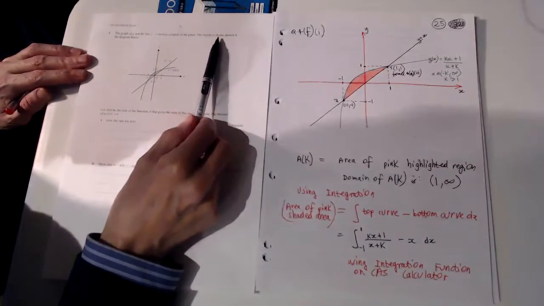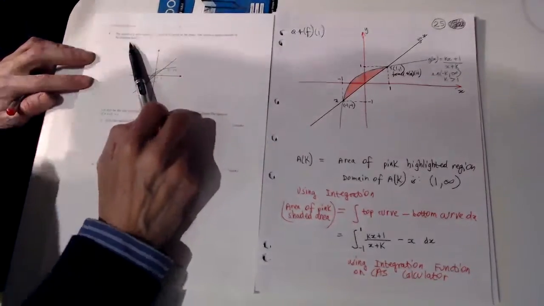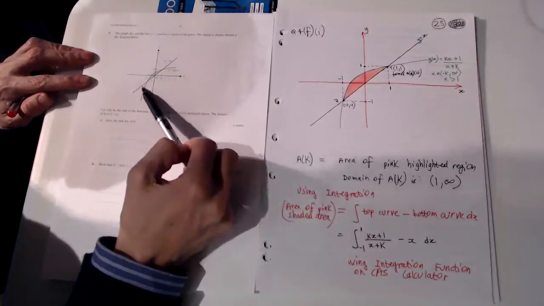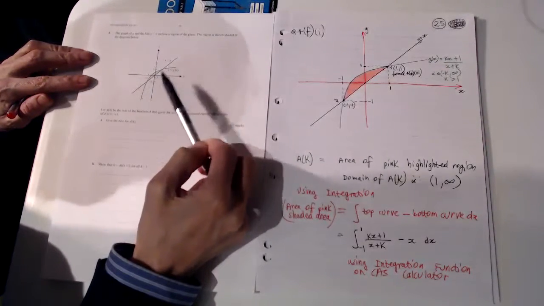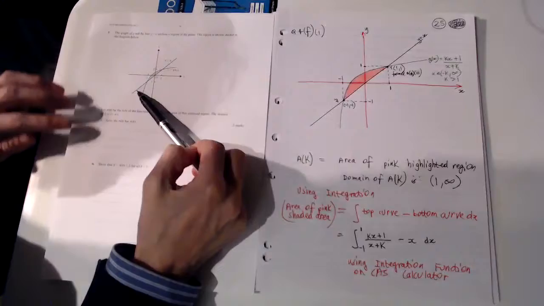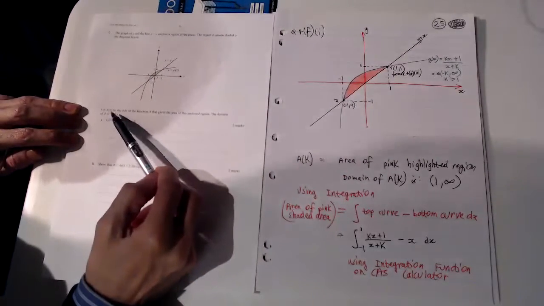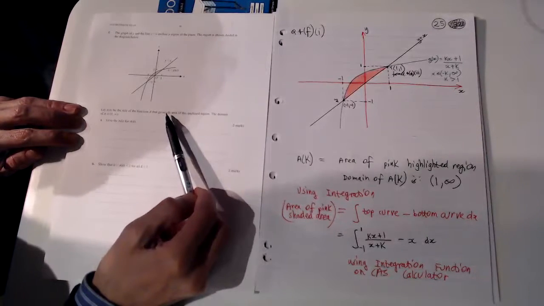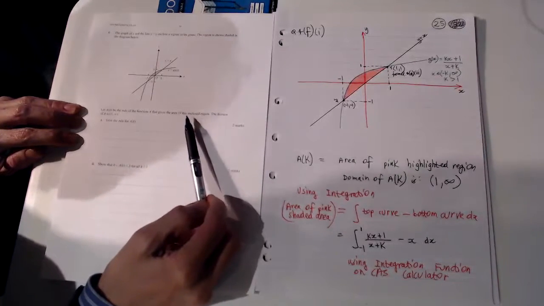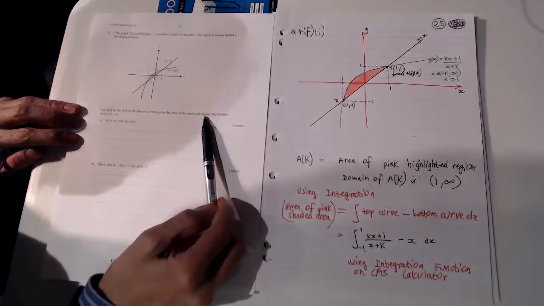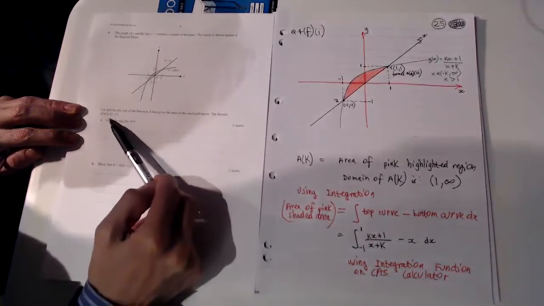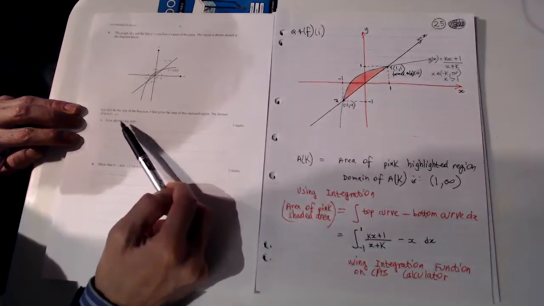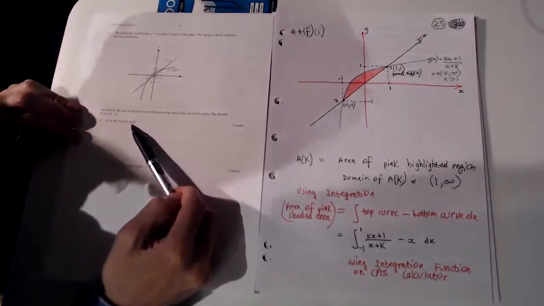The region is shown shaded in the diagram. The graph G has what we've been seeing, and the line y equals x is that. Let A(k) be the rule of the function A that gives the area of this enclosed region. The domain of A is between 1 and infinity. Give the rule for A(k).